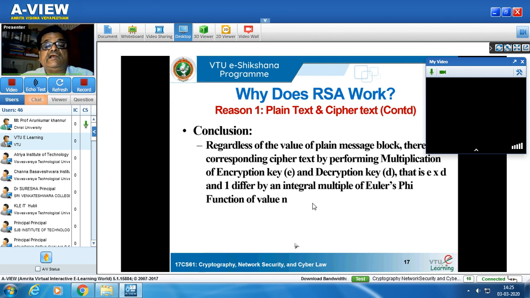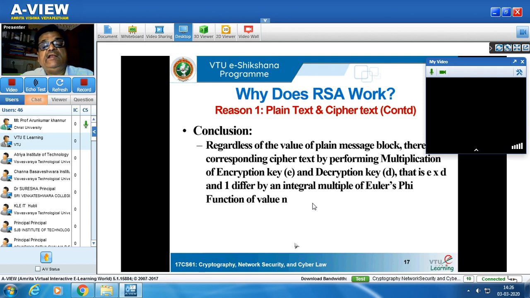So there is a correspondence between the plain text that has been transmitted by carrying out the encryption, with the ciphertext ci, which has been converted back into plain text by using the decryption algorithm.